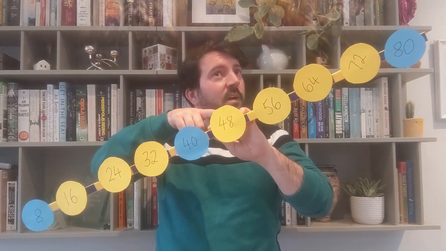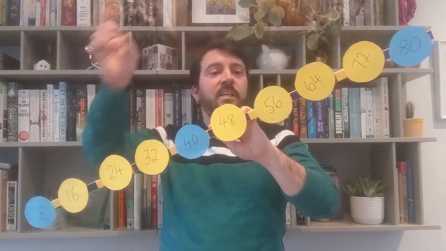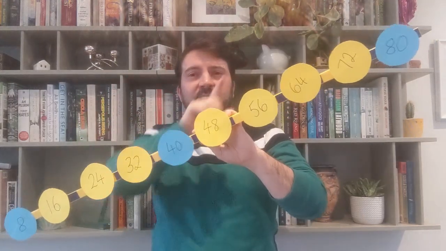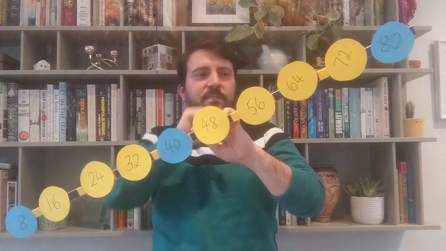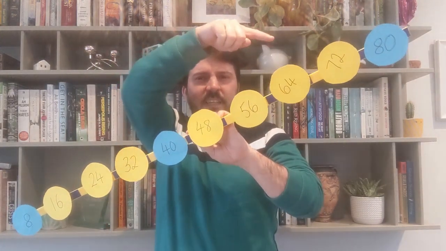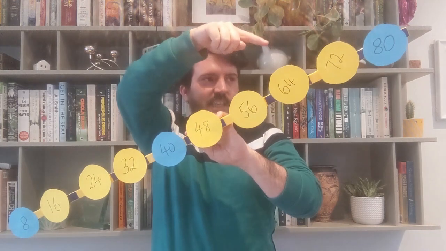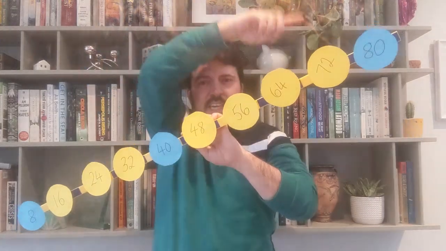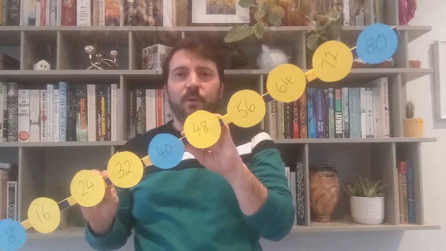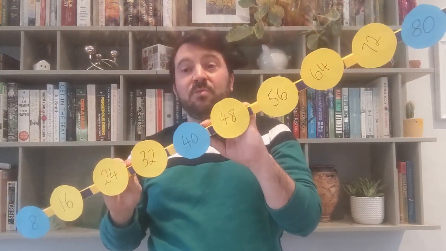Didn't hear that one. 48. 7 8s. That's the one you had to remember for me because it's the difficult one. 56. 8 8s. 64. 9 8s. 72. And 10 8s are 80.